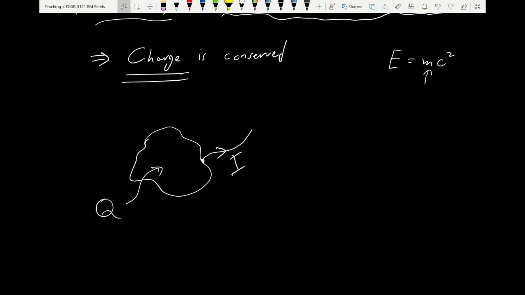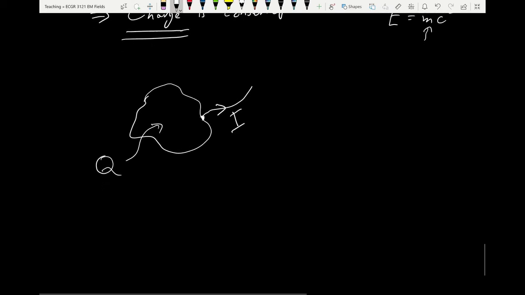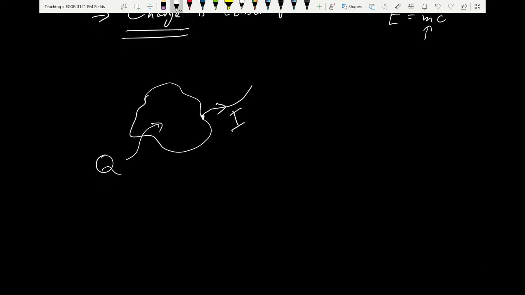First off, because charge is conserved and current is flowing out of this region, and I'm not showing you any current flowing in, I'm telling you this is the only current that's happening. There's no current flowing into the region, right? That means that because current is flowing out of this region, and because current is the flow of charge, and because charge is conserved, the total charge inside this region must be going down, right?